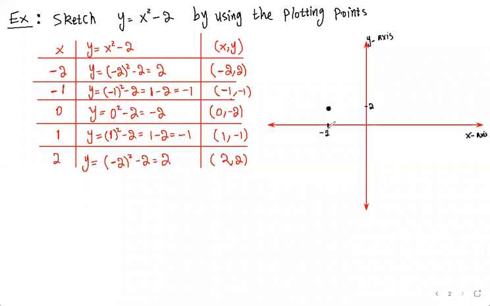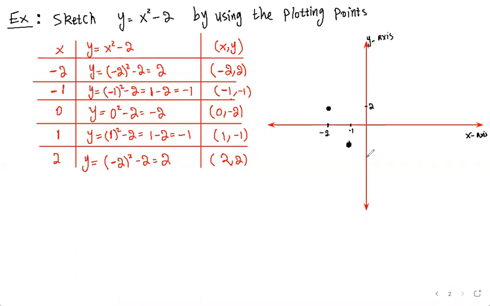-1 and -1. So there's -1 and -1 here. So it will look like here. At 0, it's -2. So let me move this point a little bit here. So this point here.